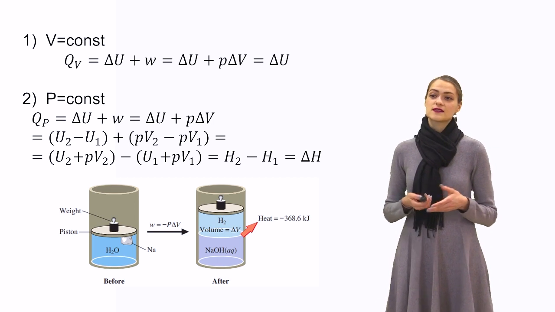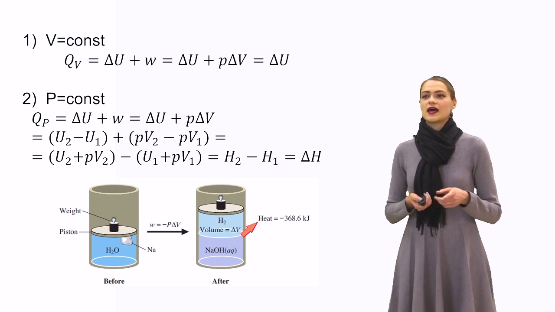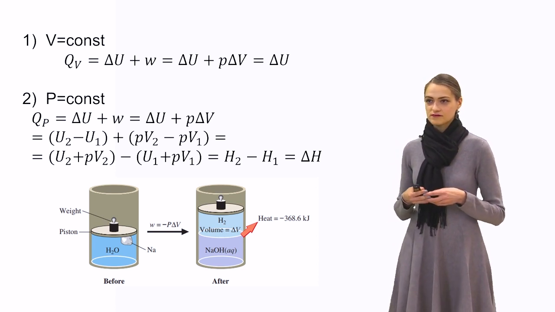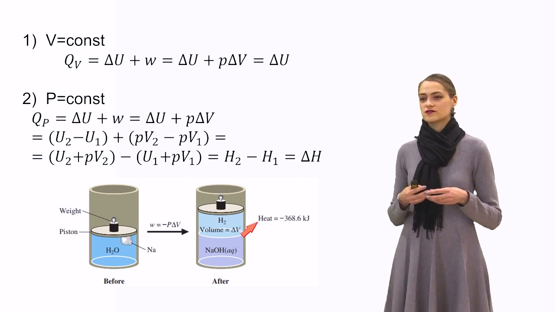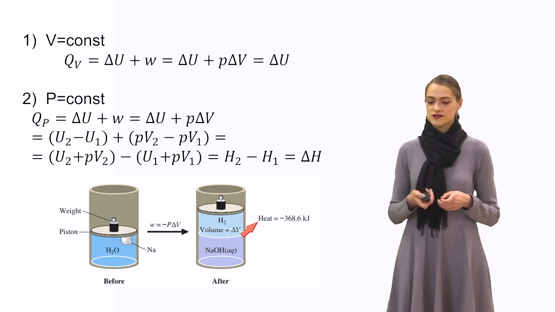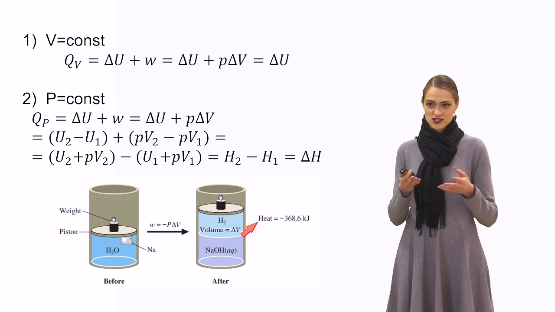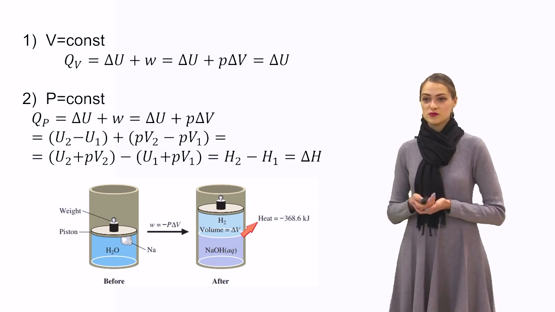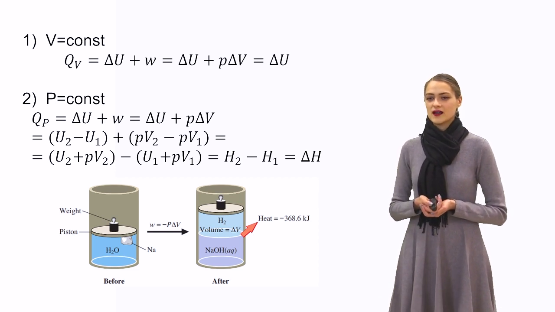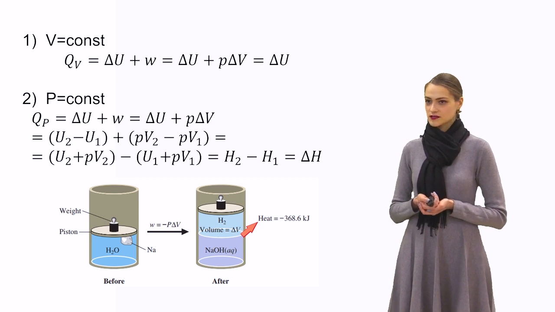Thus, the equation says that the internal energy of the system changes in two ways. Of course, it goes to heat or to cool our system, and you see here the change of internal energy as just pure heat, and exactly in this picture, in the reaction between sodium and water, the heat of reaction is minus 368.6 kilojoules.